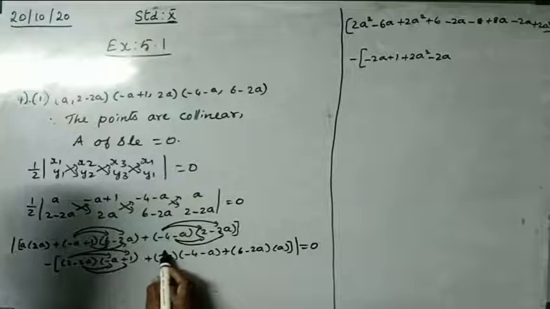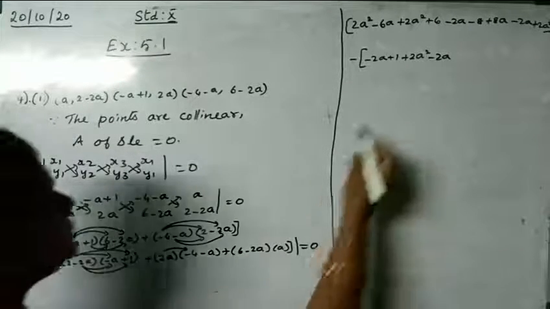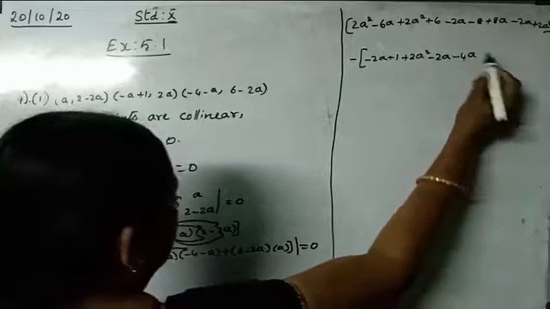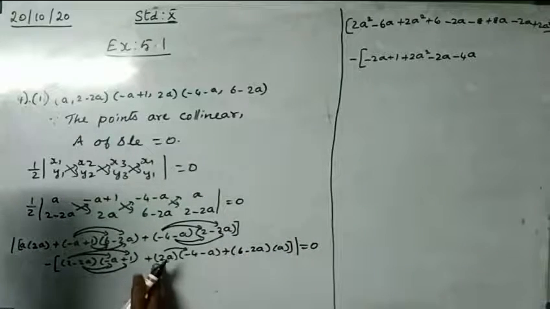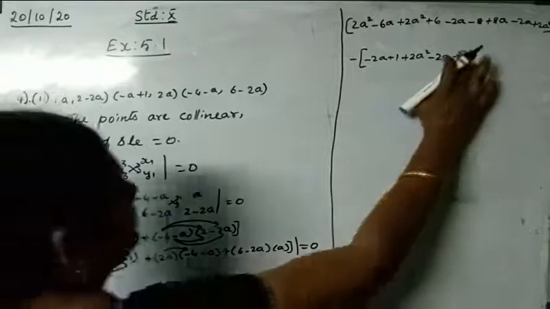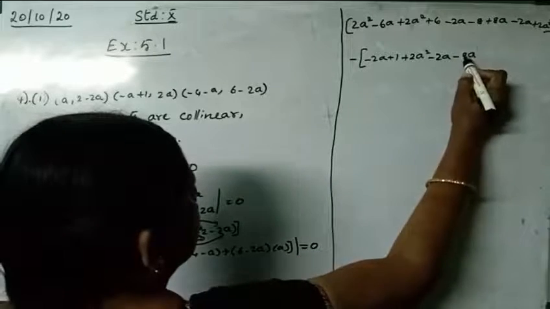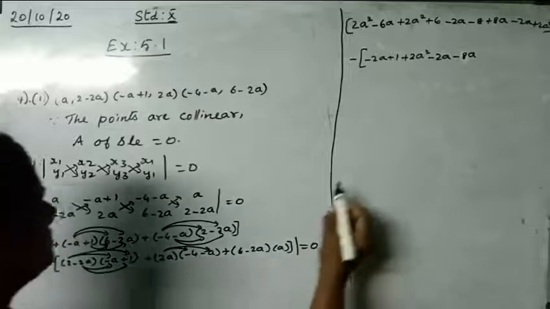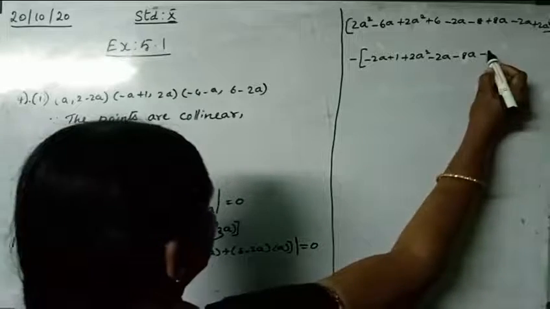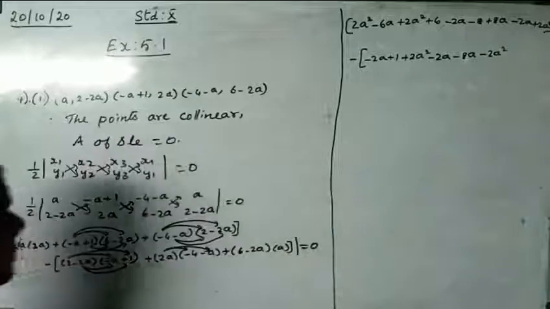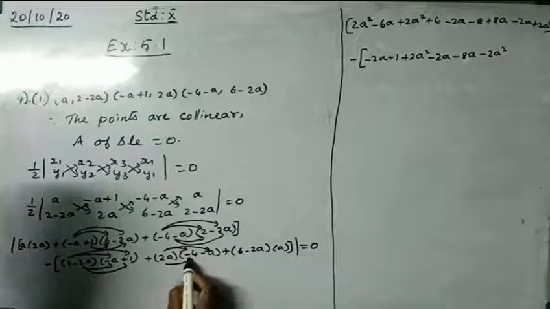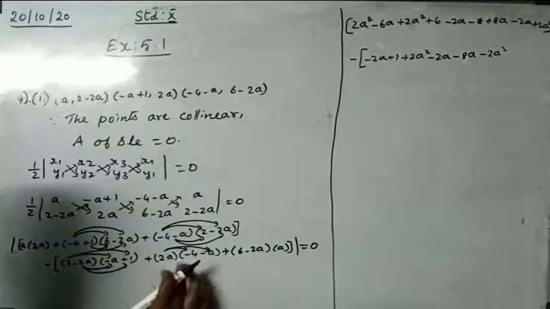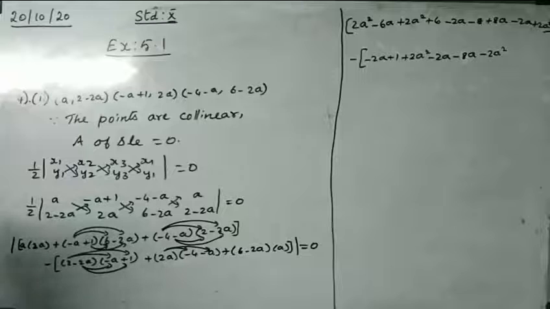Plus 2a into minus 4, sorry, 2 into 4 is 8, minus 8a. 2 into minus a is minus 2a square. 2a into minus 4 is minus 8a.